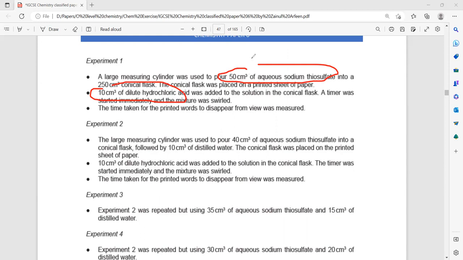The substance with a higher volume in the mixture will have a higher concentration. So 40 plus 10 plus 10 makes 60.